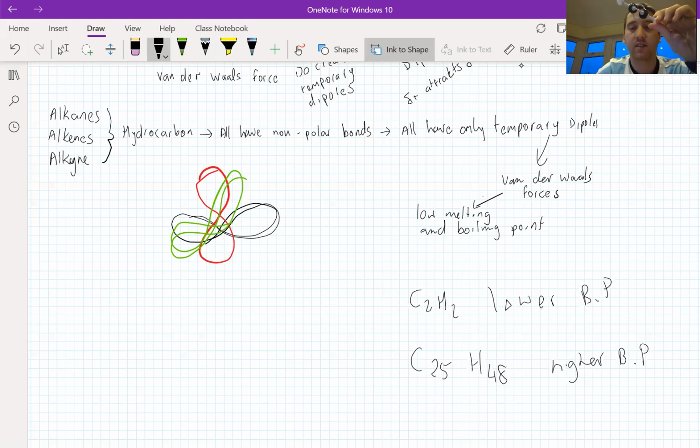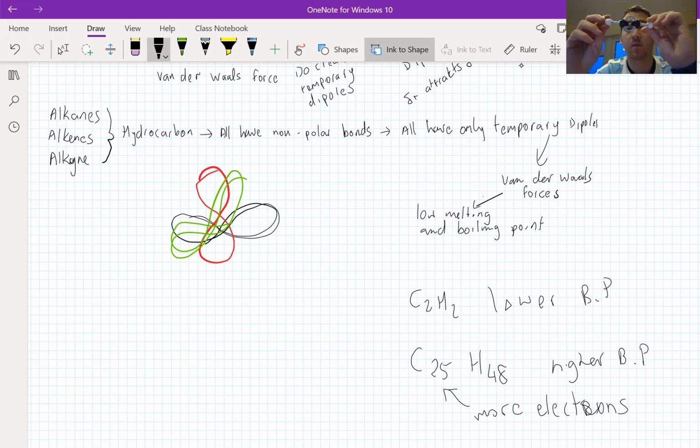And the reason for this is this has more electrons because it's got way more atoms. And if it's got more electrons, that means it's going to have more temporary dipoles and stronger van der Waals forces. So therefore, higher boiling point. That's the first property that we looked at, melting and boiling point.